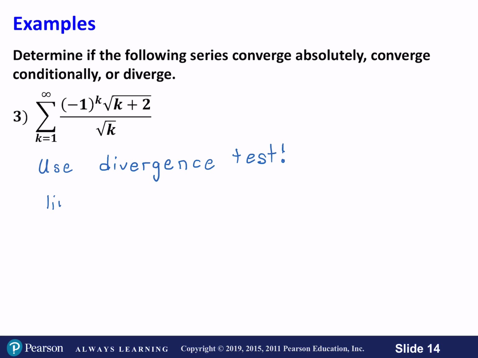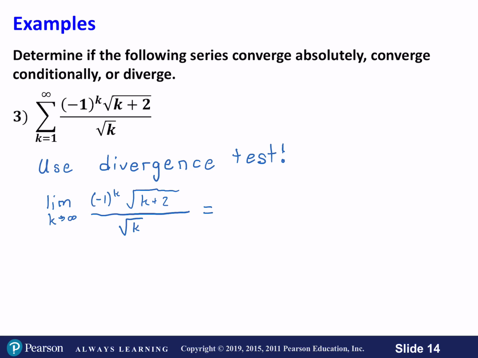So we're just going to take the limit as k goes to infinity of the whole thing, (-1)^k over square root of k plus 2 over square root of k. What is this thing equal to? I want you to take a second, actually try to figure out what this is equal to if you can.